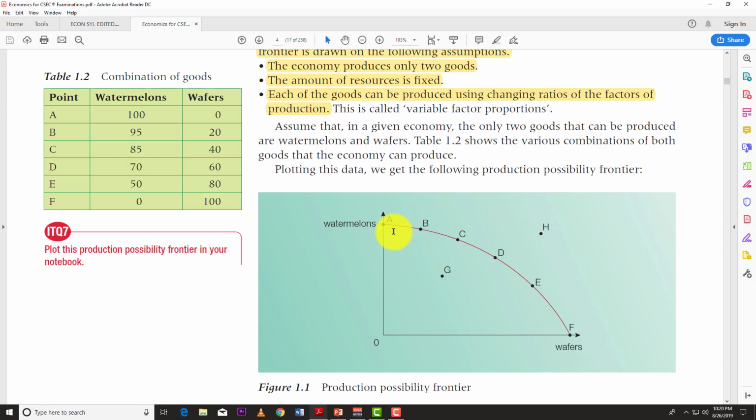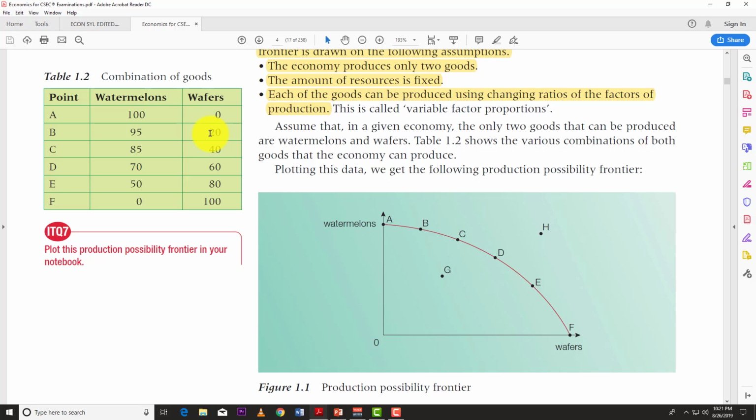So, like they say, in an economy you have different combinations, different ratios of the goods. If we move to point B now, we're looking at a different combination. At point B, we're looking at 95 watermelons to 20 wafers, because the economy doesn't want to produce just one thing. They want to try to satisfy multiple people. So they're not going to stick to watermelons only.